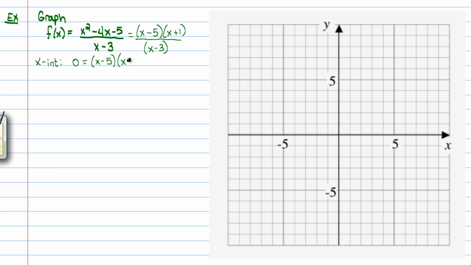Oh, we have a couple of x-intercepts. How nice for us. So the x-intercepts are at (5, 0) and (-1, 0). I'll go ahead and plot those points right here. (5, 0) is beautifully placed right there, and (-1, 0) right there. Gorgeous points.